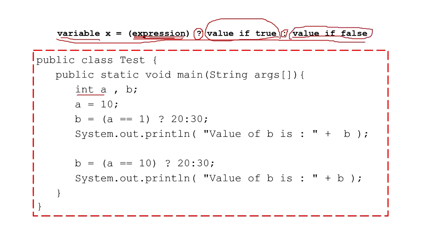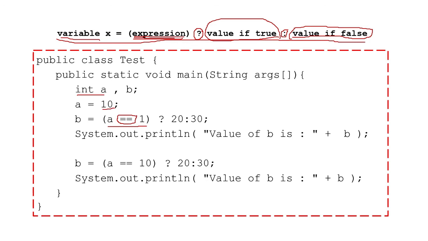So let's take an example. Int A and B. So kailangan natin i-declare yung variable A and B. A is equal to 10. B is equal to, A is equal to what? First, unahin muna natin itong i-evaluate. Is A is equal to 1? Take note, this is a relational operator na ang pwedeng maging sagot lang is either true or false. Yung value daw ba ng A is equal to 1? So, ano ba yung value ng A? Ang value ng A ay 10.